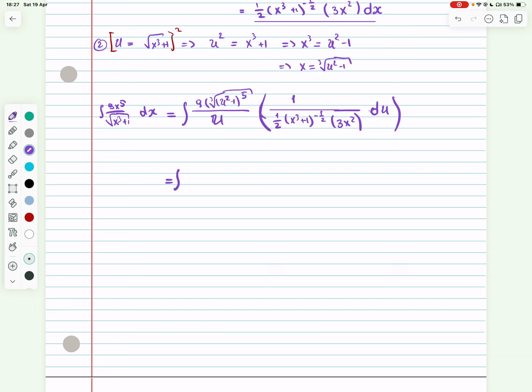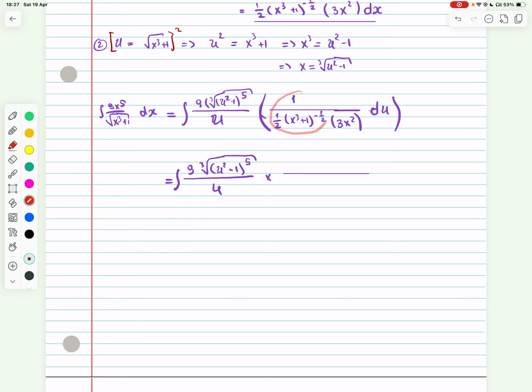So, 9 times the cube root of u squared minus 1 to the power of 5, divided by u, and that's multiplied by everything that in terms of x is going to be replaced by the u now.